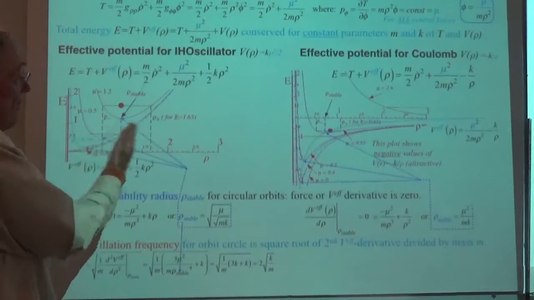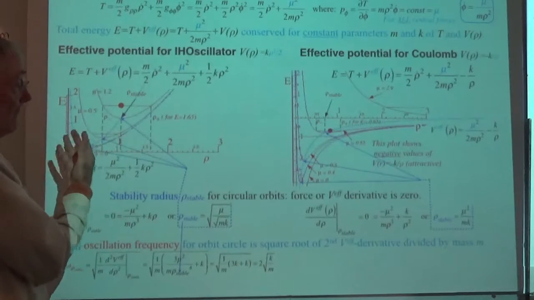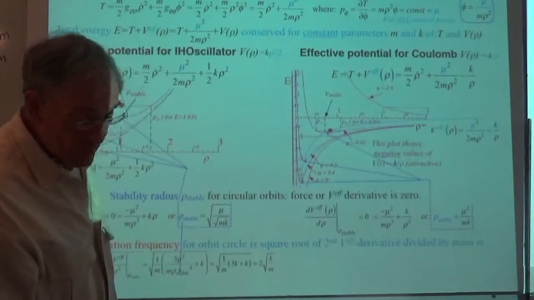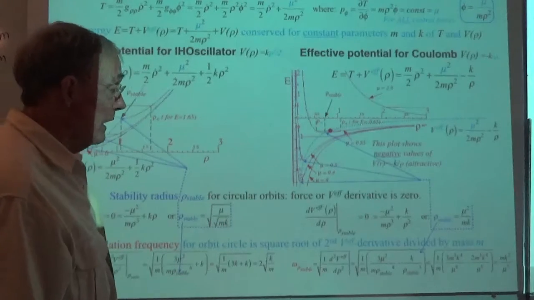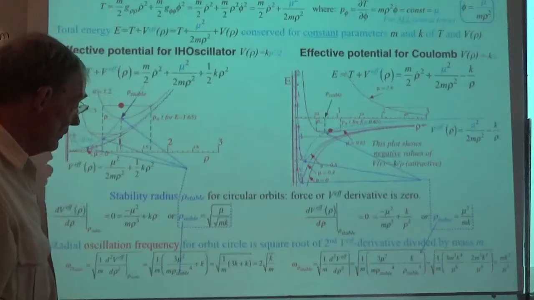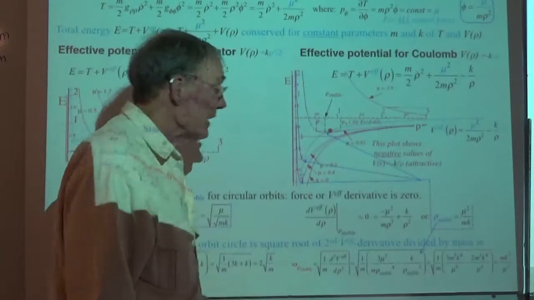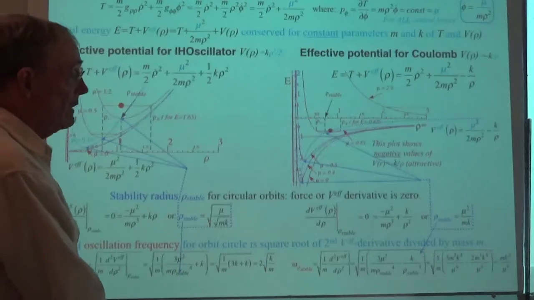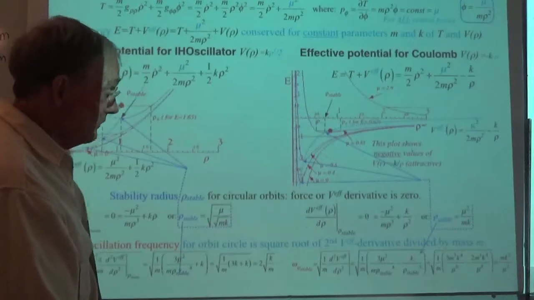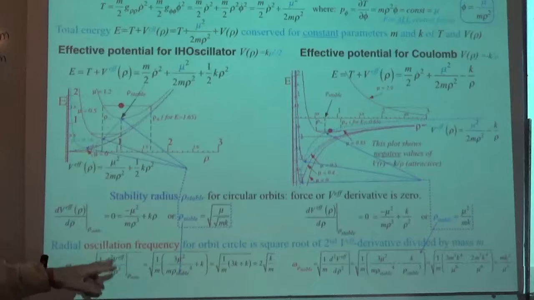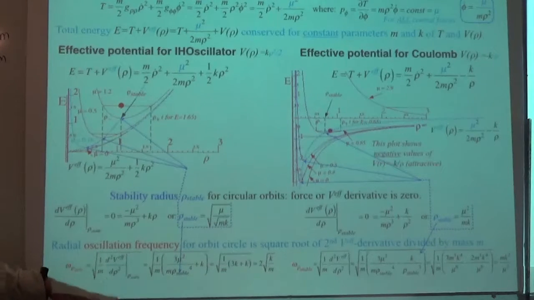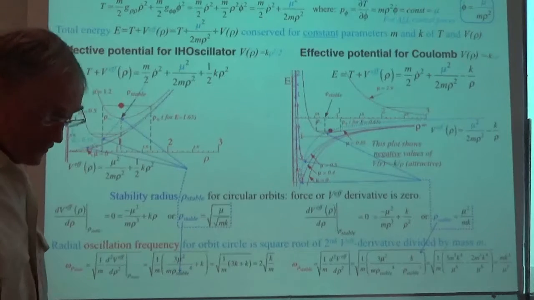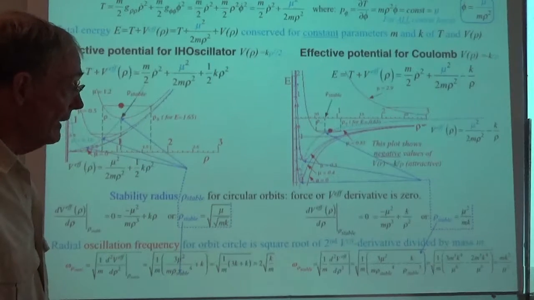Because that frequency is part of the elliptical orbit here, and it is going to happen with the Coulomb as well. So these are the steps that make use of an effective potential, but in this particular case, not just an approximation. I don't have to go on and do higher derivatives and make a Taylor series here. This is it. There's nothing more that you need to say.